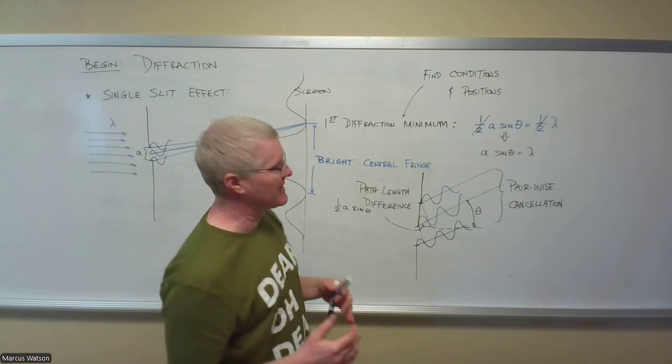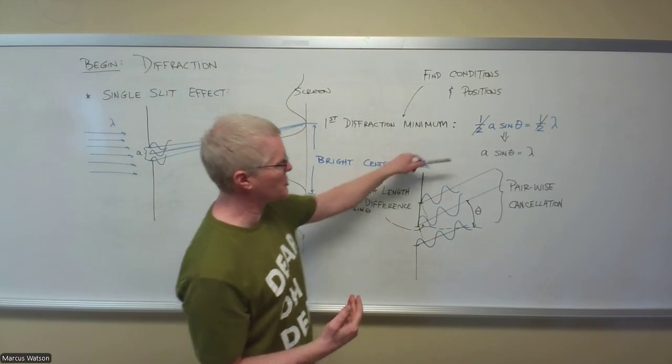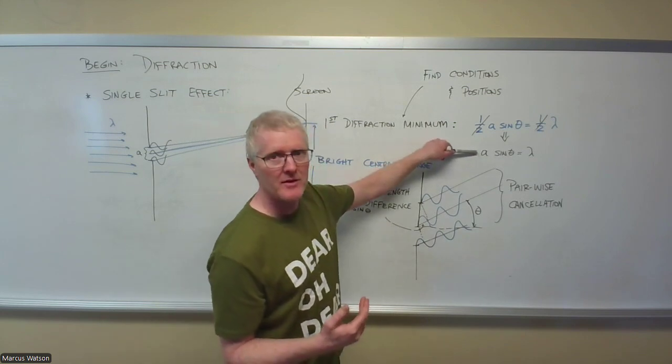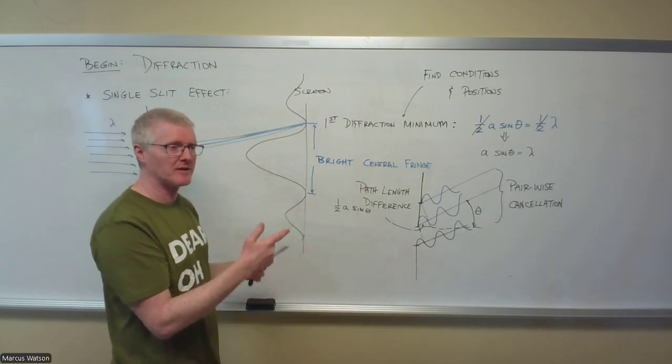So ultimately, the entire minimum set is determined by this thing with an integer number counting in front of the wavelength, just like we did with the double slit.